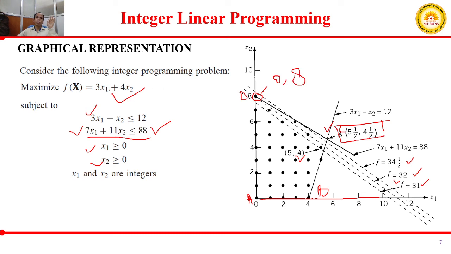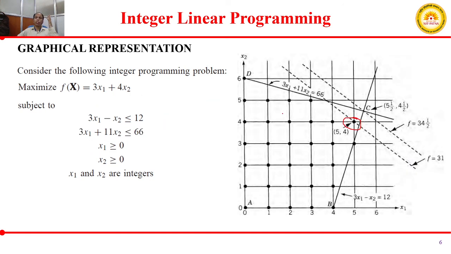You put these values 0 comma 8, so this will be f equal to 32. So here instead of f equal to 31, your next possible integer set of values is 0 comma 8, because this particular corner point is satisfying the integer values as well as the maximization of your objective function.